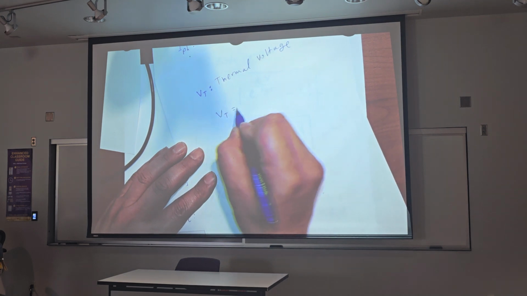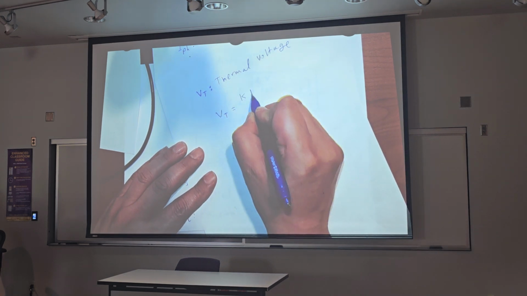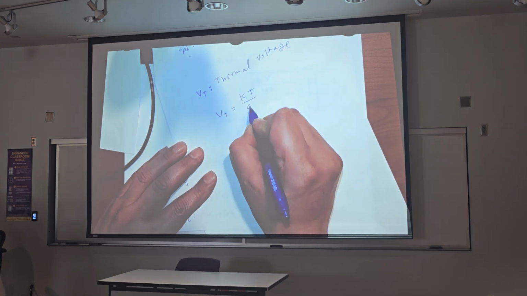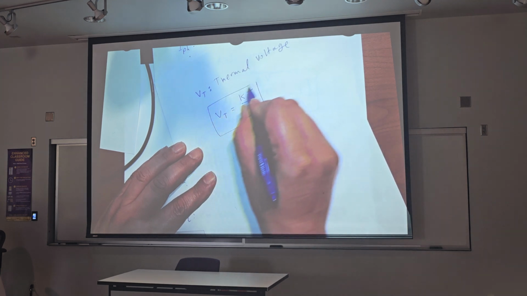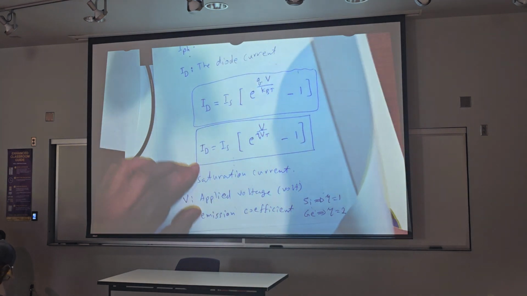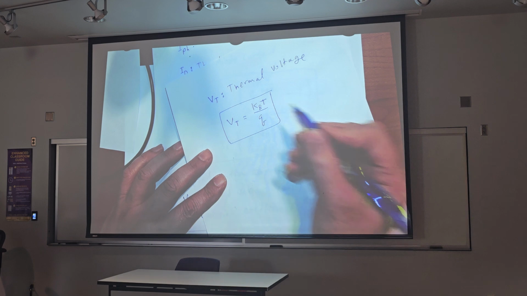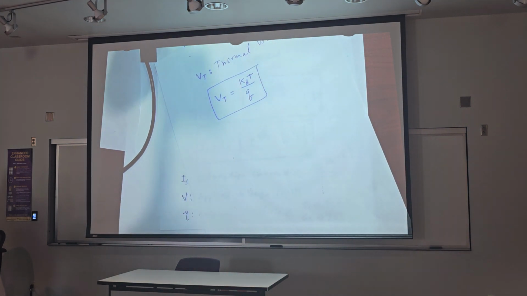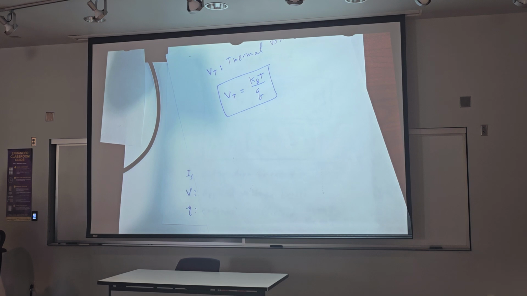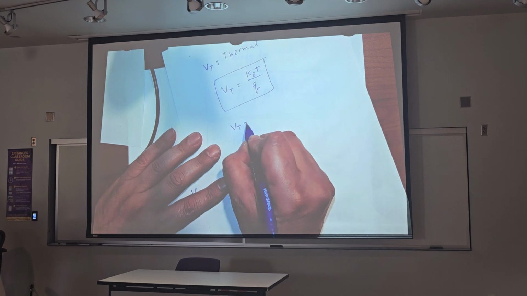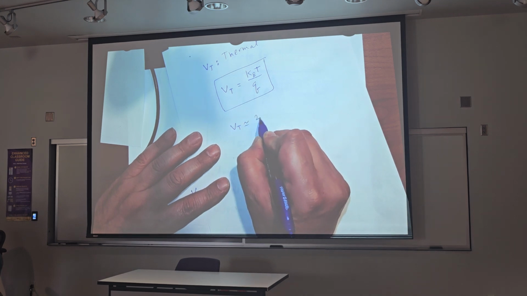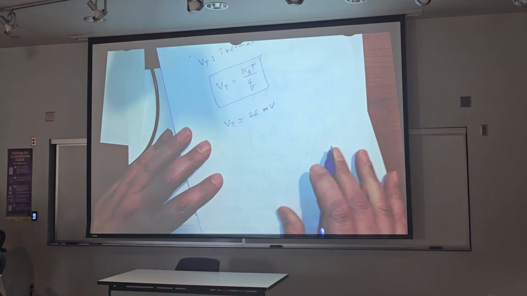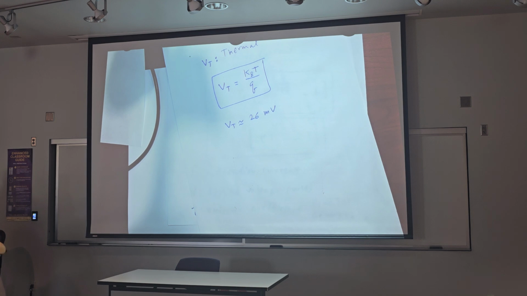VT equal KT divided by Q. K or KB, same. K or KB, and approximately 0.026 volts, approximately 26 millivolts.